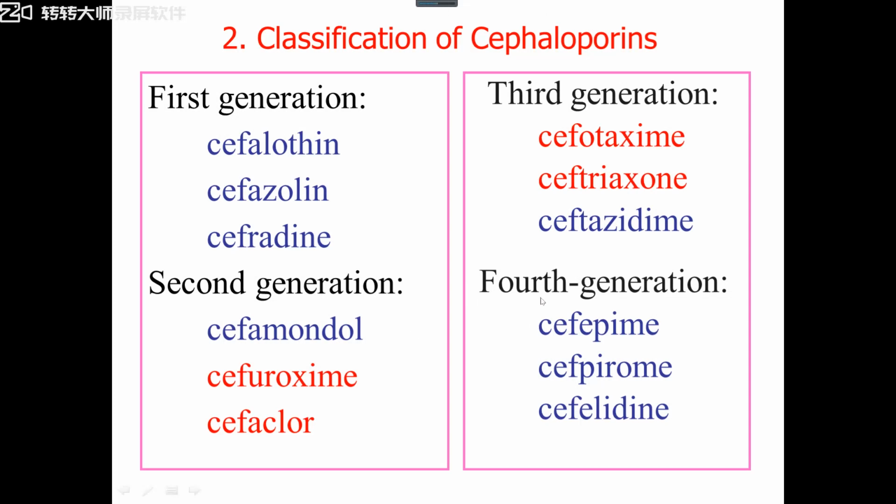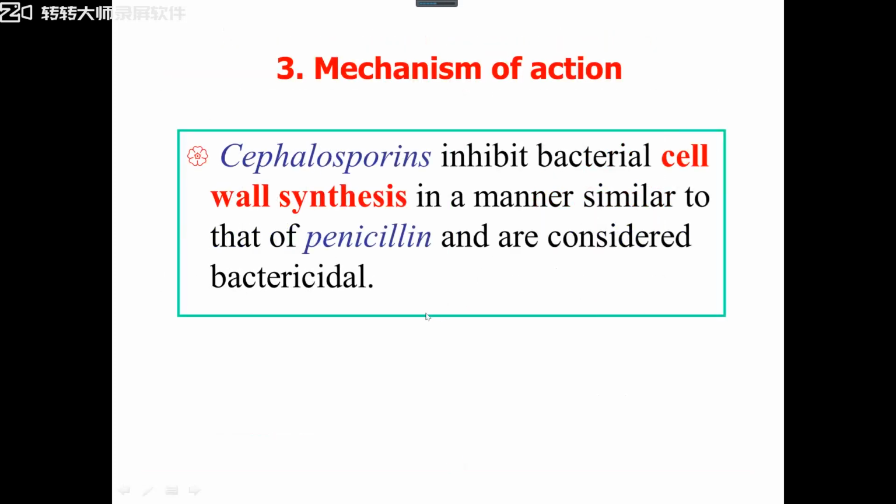And then we have the fourth generation cephalosporins, such as cefepime, 头孢吡肟, and cefpirome, 头孢匹罗, and so on. So we divide cephalosporins into these four generations. Cephalosporins and penicillins share the same mechanism. Do you remember? Yes.